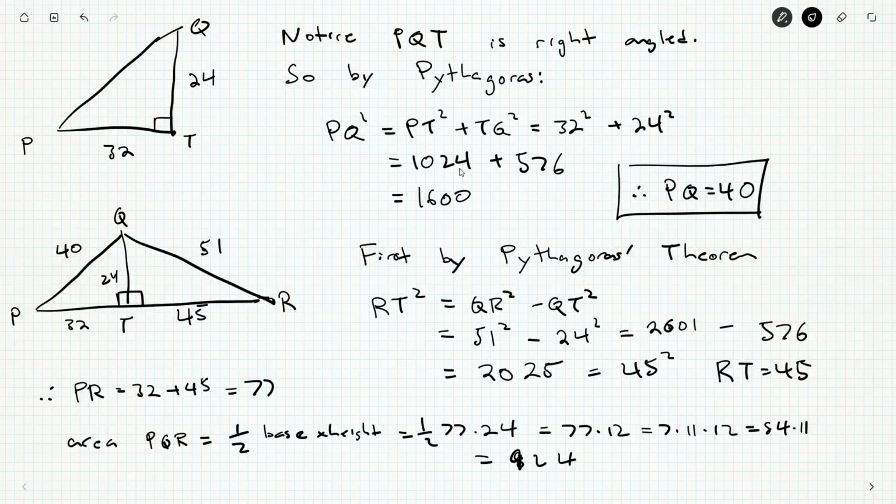So 924. Okay. But again, if you needed to, grab the calculator: 24 times 77 divided by 2. 924. Okay, so we got it right there, and we have the right area.